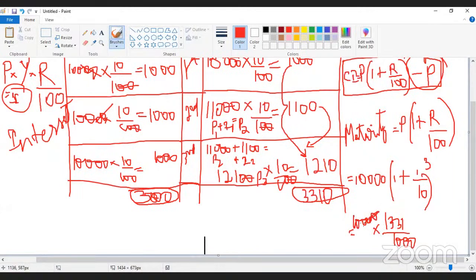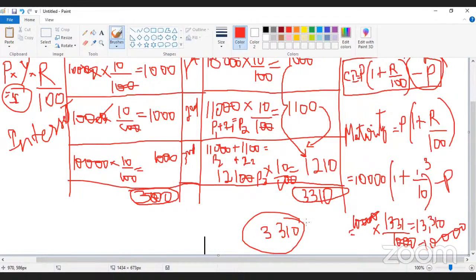The 3 zeros are cleared and we get 13,310. If I do minus P, that means minus 10,000, the principal amount, I'll get only 3310. So this is on the formula basis, and the earlier one was on the logical basis. Are you clear with compound interest?